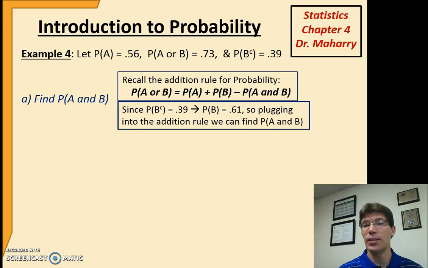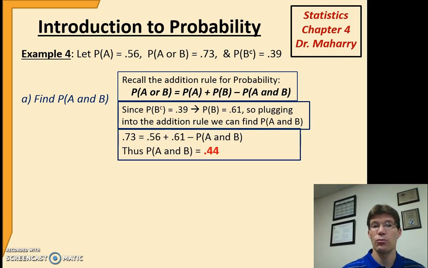If B complement is 39%, that would imply B has to be 61%, because remember, B plus B complement has to add up to 1. So now if we plug all these numbers into the addition rule, A or B is 73%, A was 56, B was 61, minus A and B. So I can solve this equation for A and B, and I get the probability of A and B is 44%.